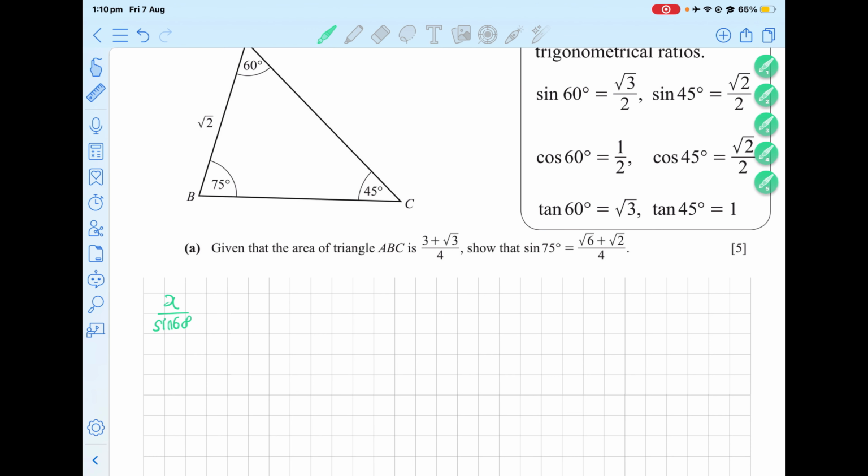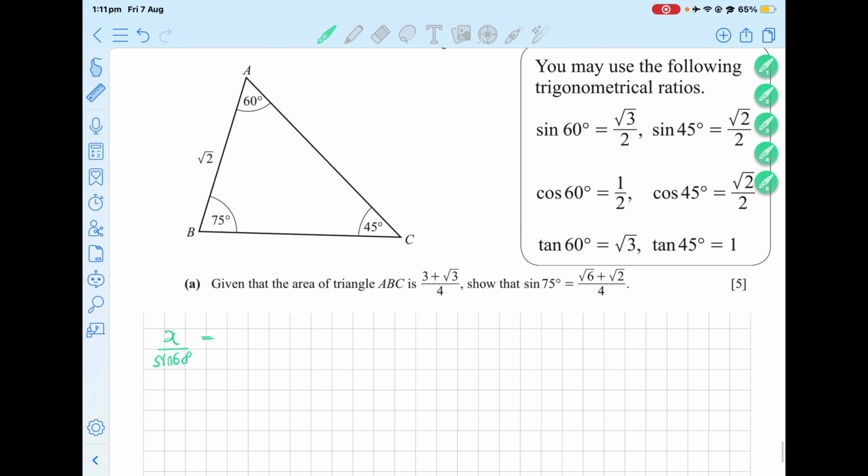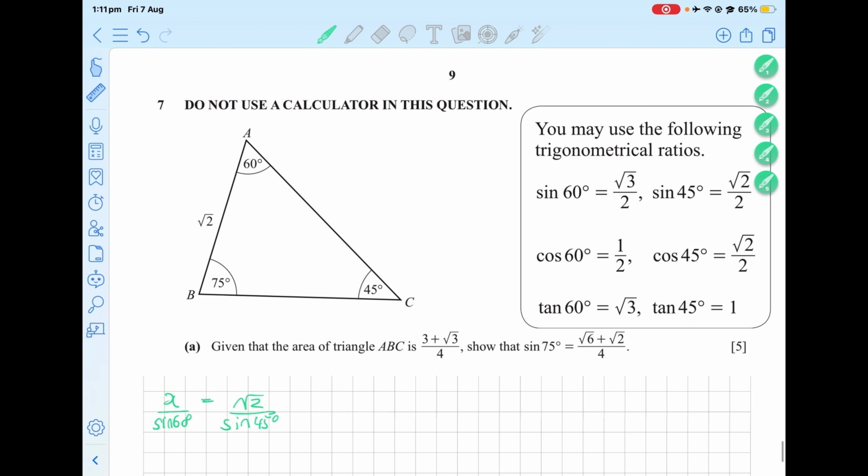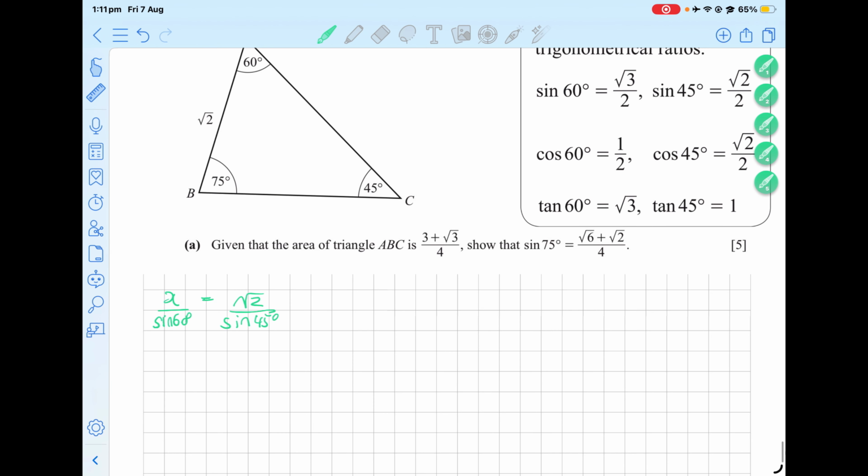So x over sine 60 is going to be equal to root 2 over sine 45. So sine 45 is root 2 over 2 and sine 60 is root 3 over 2. So x into 2 over root 3 is equal to root 2 into 2 over root 2.